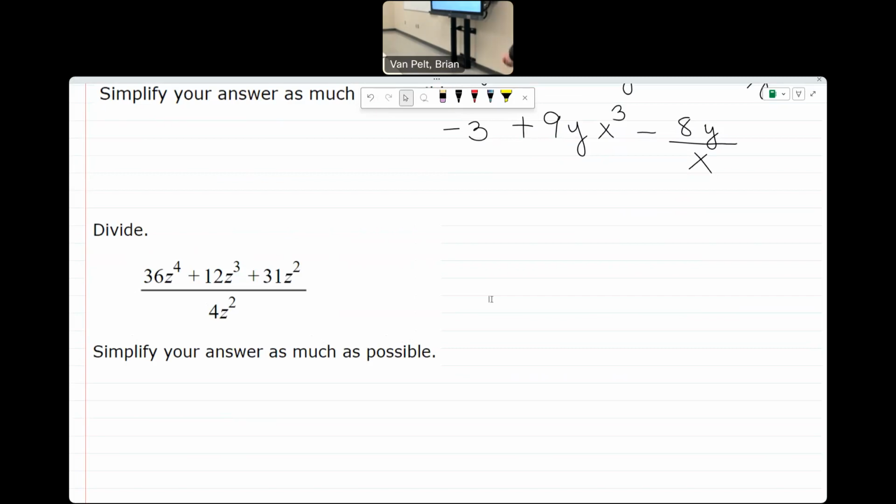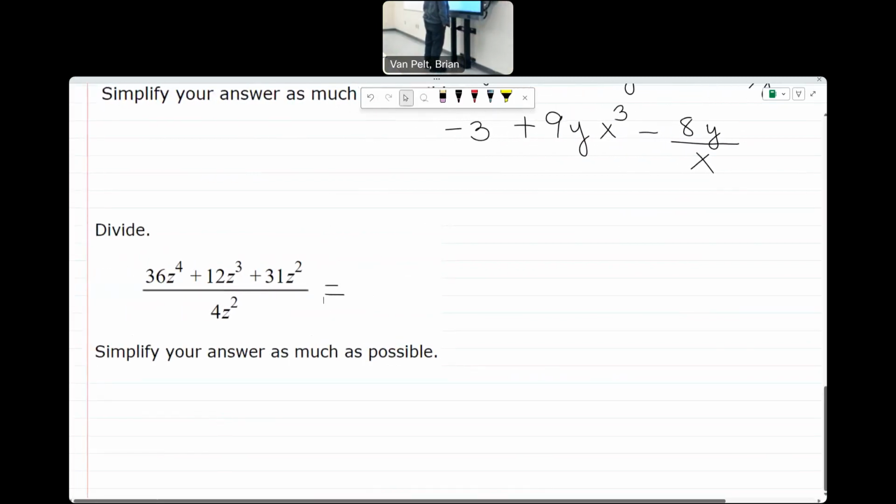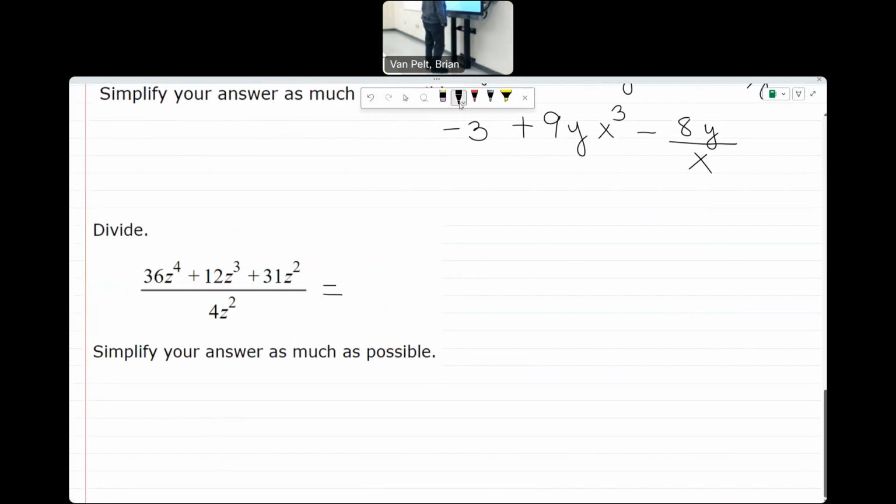They're not that bad. You can actually kind of do them in your head, especially when there's only one variable involved. Here, I'll write this. So this is probably what you were doing in your head, correct?